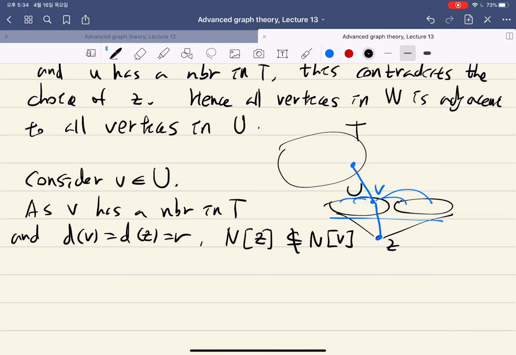So the neighborhood of G cannot be inside the neighborhood of B.